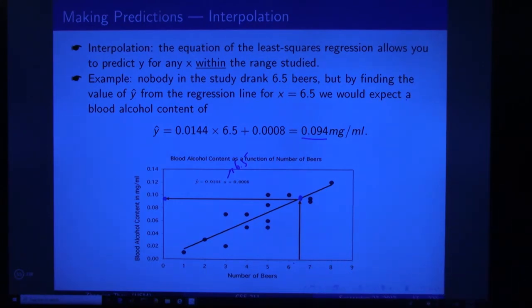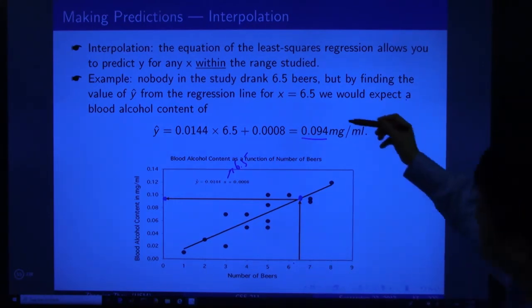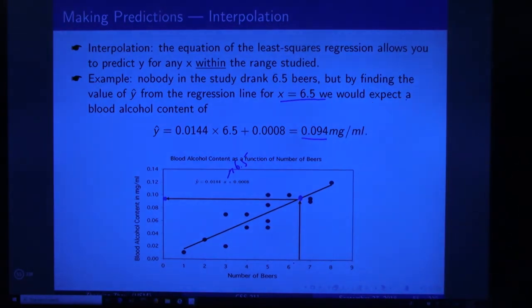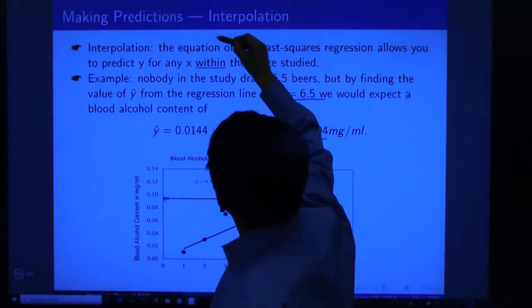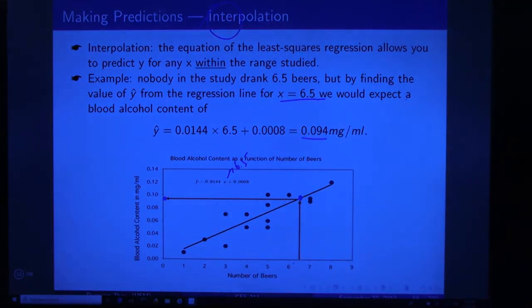So the range is between 1 and 8, and this 6.5 is within this range. So it's inside the range, and that's why it's called interpolation. The result obtained from interpolation is usually reliable. So we can use this method to make predictions.